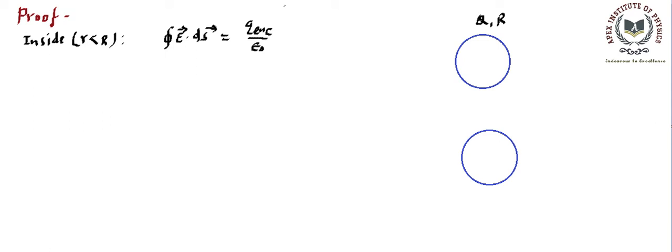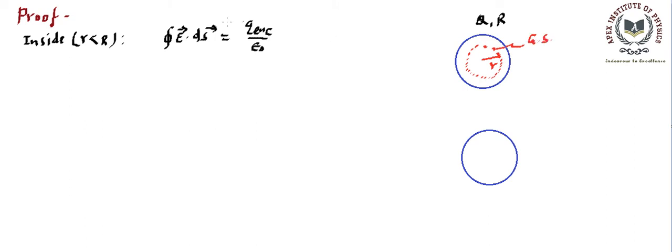Since we are at an inside point, let's take a Gaussian surface of radius r. Since it's spherically symmetric, the Gaussian surface must be spherical. So let's consider a sphere of a smaller radius, and this closed sphere is behaving like the Gaussian surface for us.